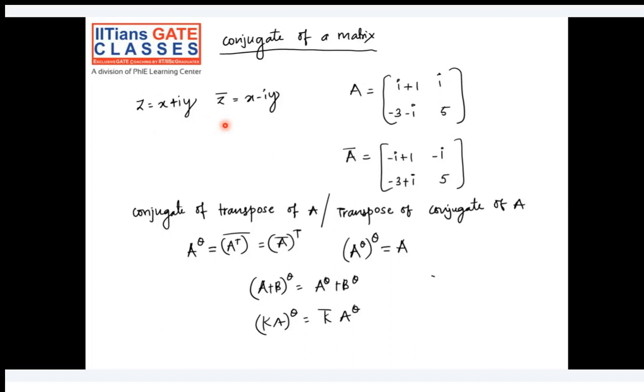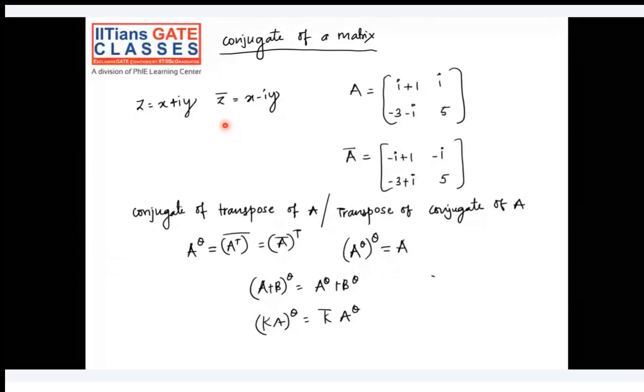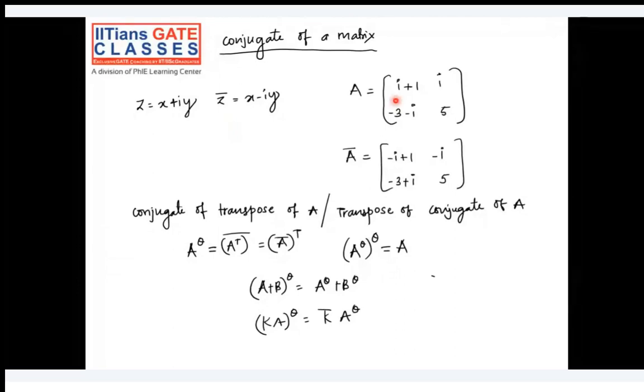Okay, so we will follow the same approach in a matrix. In a given matrix A, if the elements are complex, for example, here we have matrix A in which the first element is i plus 1, the second element is i, the third element is minus 3 minus i, and the last element is 5.